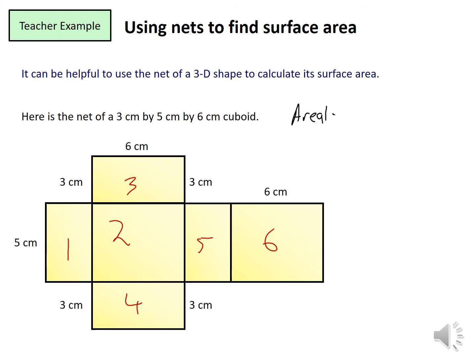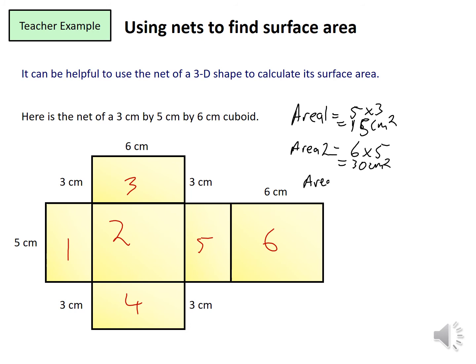So I'm just going to call them area 1 is equal to 5 times 3, which is 15 centimeters squared. Area 2 is equal to 6 times 5, equals 30 centimeters squared.